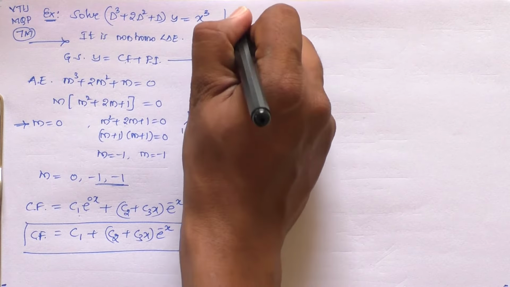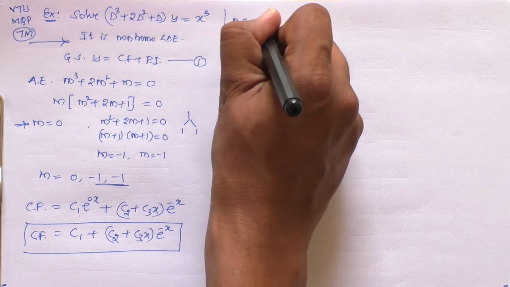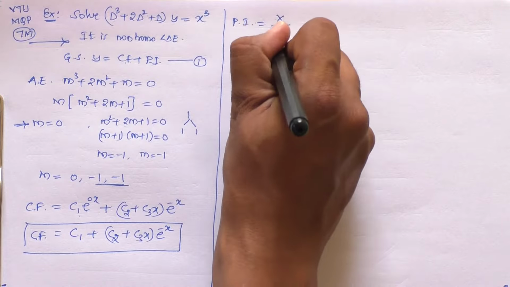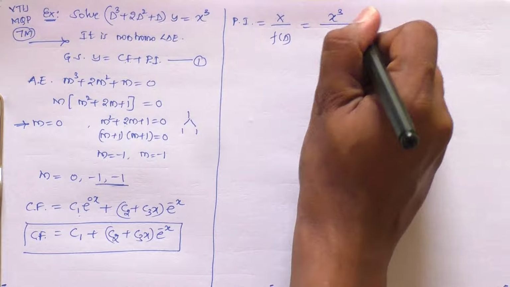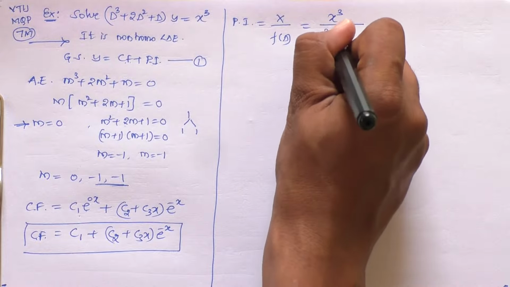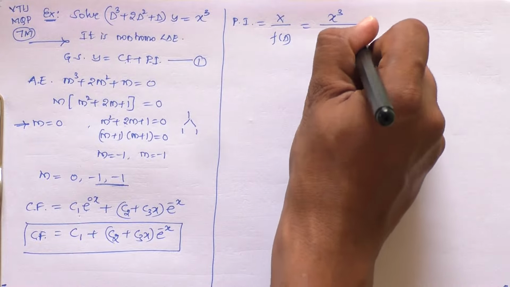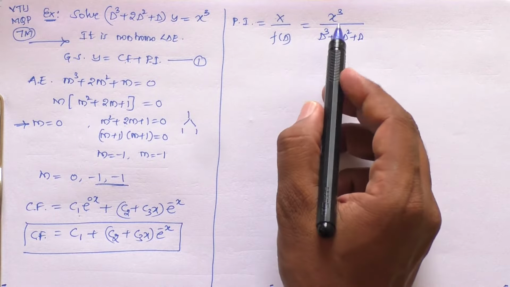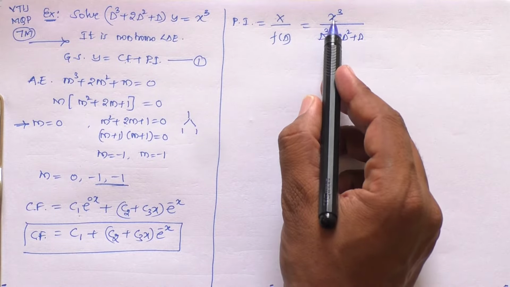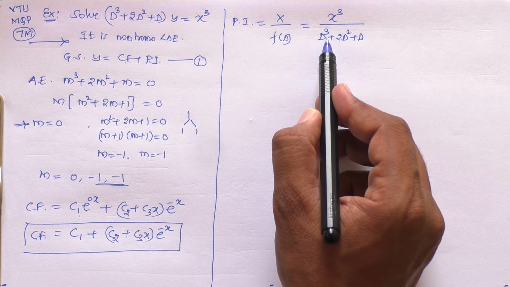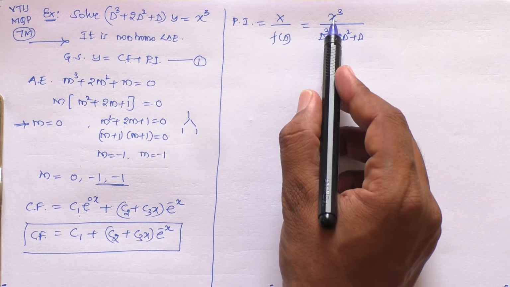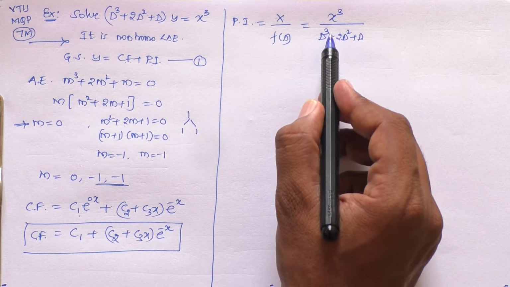So for the given problem, PI is the x term divided by the D term. So x cube divided by D cube plus 2D square plus D. Here it has x cube, a polynomial in x, divided by a D term. Whenever we get a polynomial in x divided by a D term, we apply the normal division method.